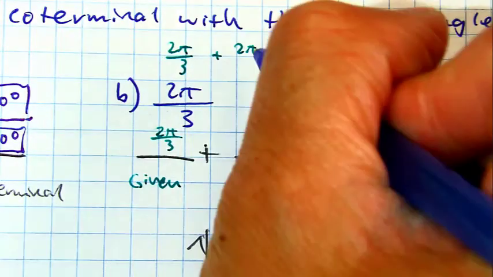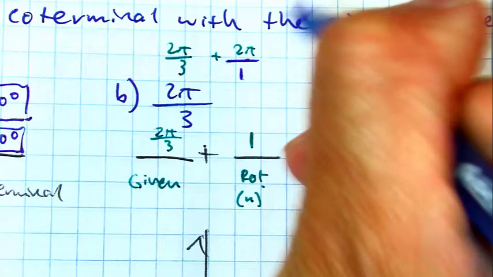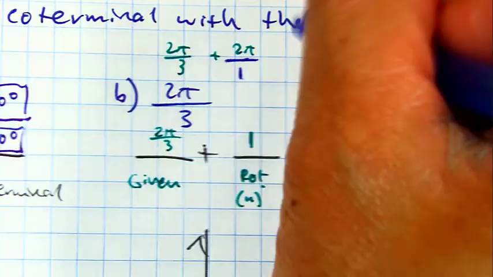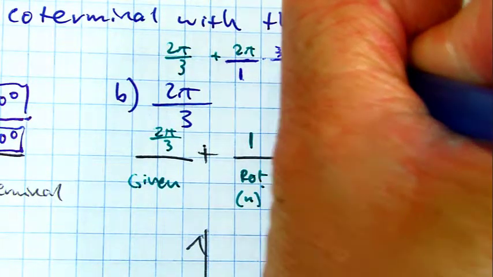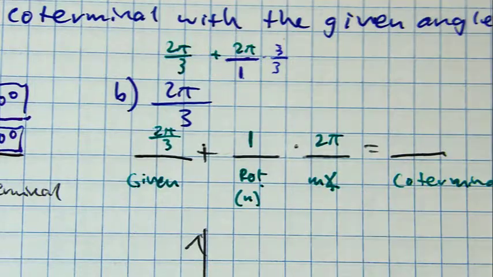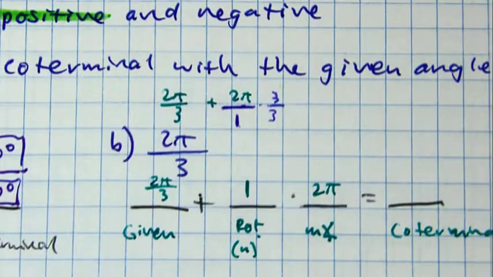Class, how do you make this a fraction? Mathematically, how can I make this a denominator of 3? I'm going to multiply it by 3 over 3. I can multiply any number times 1, and this will give me the fraction I need.